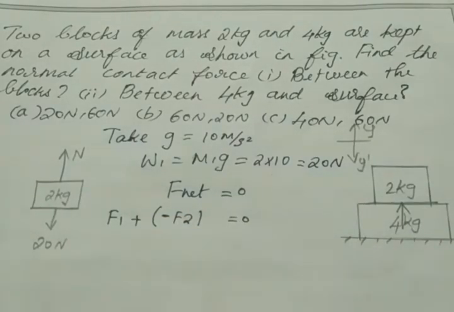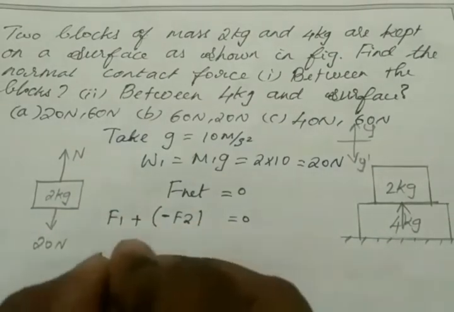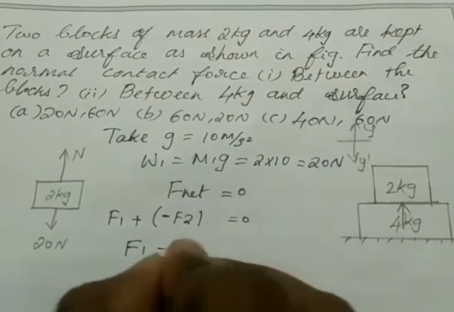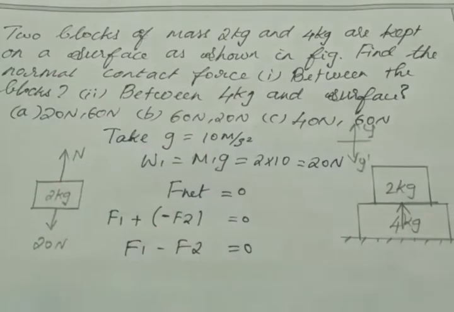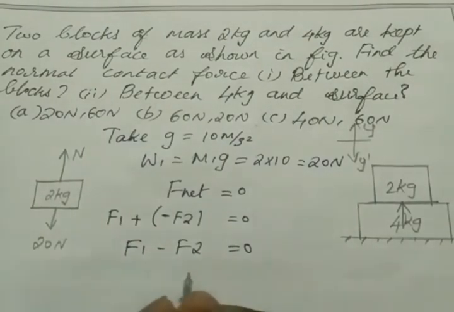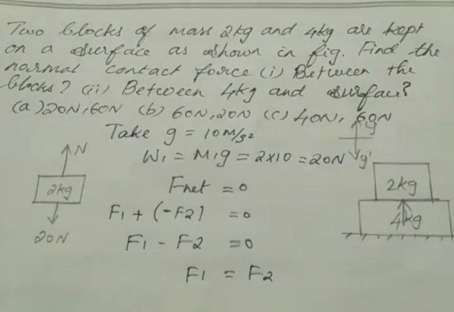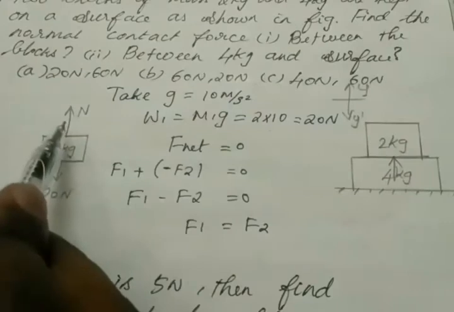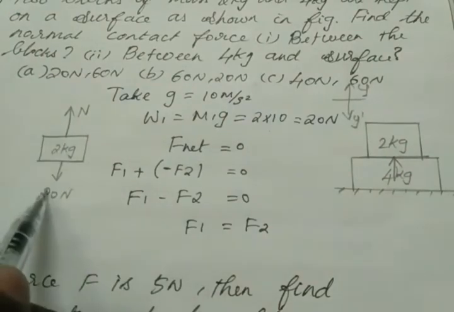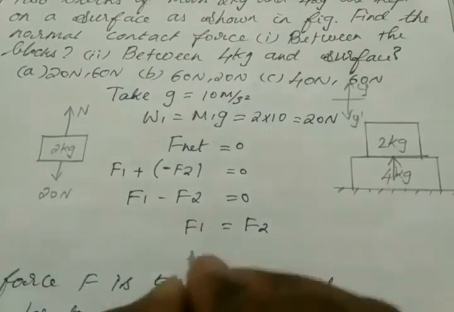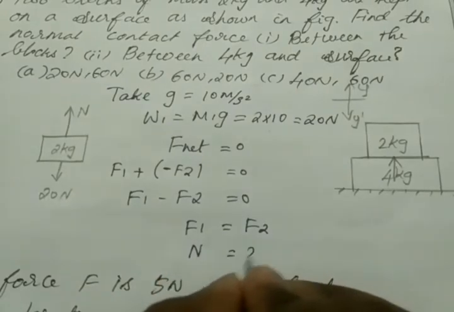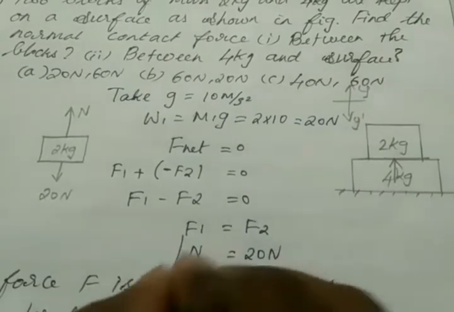If you solve this, we get F1 minus F2 equal to 0, which means F1 equal to F2. Here our normal force is F1 and the weight force is F2. So I can take N equal to 20 Newton, right?